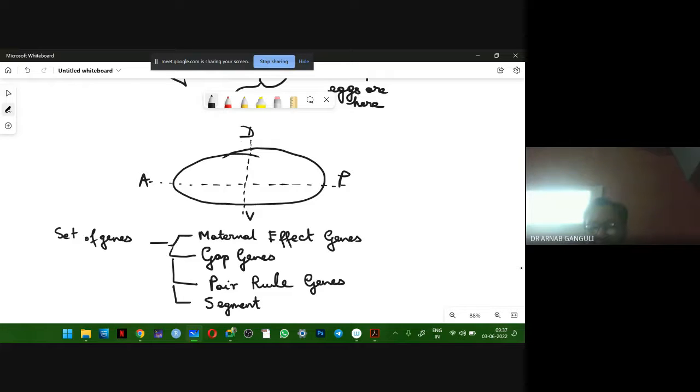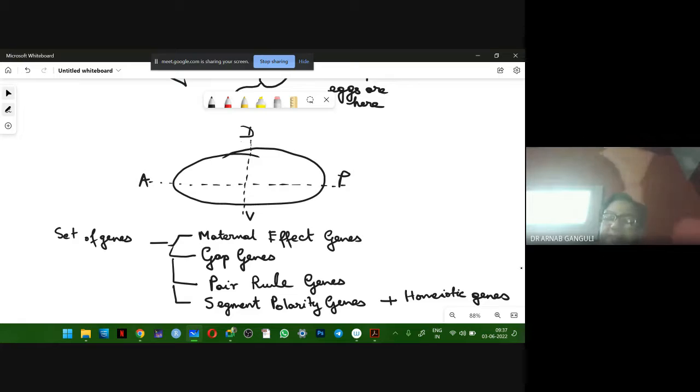Then you have the segment polarity genes. Along with them, you have got another set of genes known as homeotic genes. So far, so clear. 4 sets of genes are present. First is the maternal effect genes, then the gap genes, pair rule genes, and segment polarity genes.